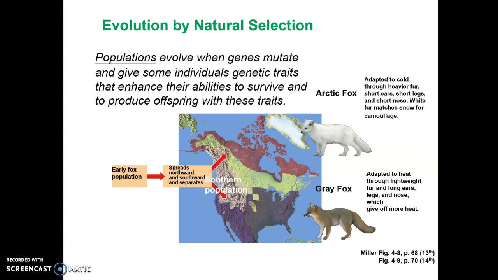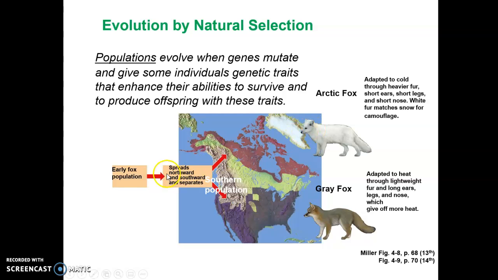Over time, some of the foxes moved northward and some moved southward, most likely in search of food and habitat, food and mates and so forth. And when they did, those members of the early fox population who had genes that coded for the thick white fur and short ears that didn't give off too much heat tended to survive because of camouflage, because of their ability to survive that temperature.